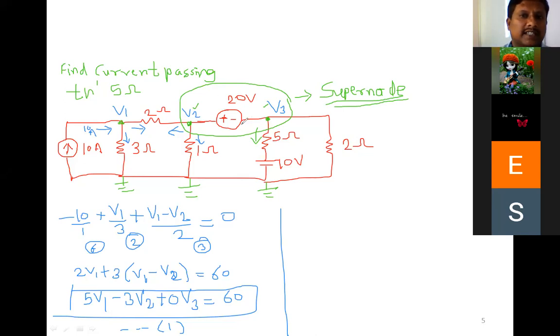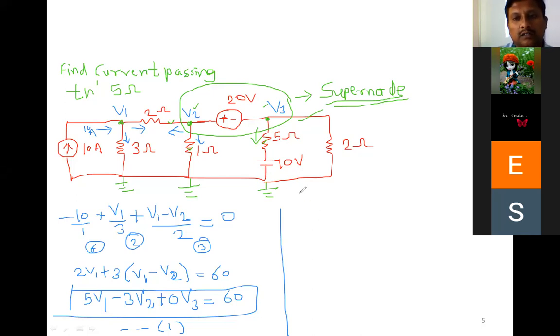So in that case, whatever I marked in the circle, that supernode part, you can keep aside. So the remaining thing is what? At V2, two branches are there. This is the first one, and this is the second one. At V3, this is one branch, and this is one branch. So in total 4 branches will be there combinedly for V2 and V3.